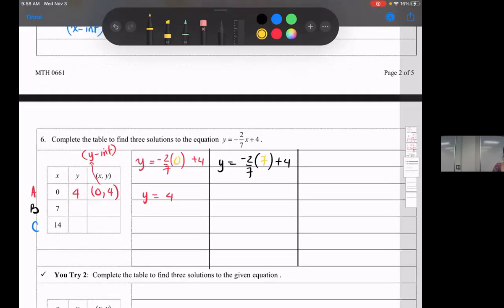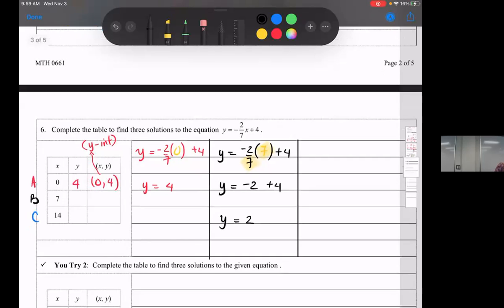What happened to the 7 on top and the 7 on the bottom? Yeah, they cancel. Y equals negative 2 plus 4. Y equals 2. So 7 comma 2.